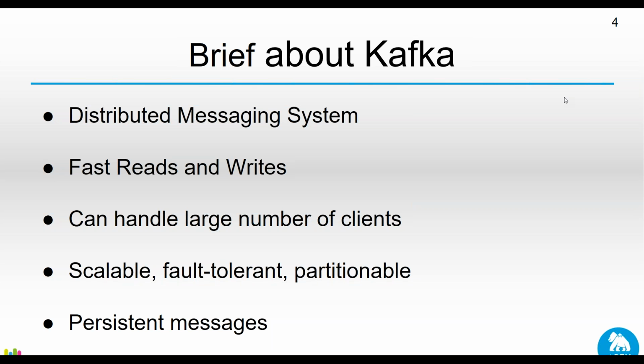When they started developing it, they realized that this could be a much bigger thing, and they came out of LinkedIn and formed Confluent, which is now contributing mostly to Kafka.